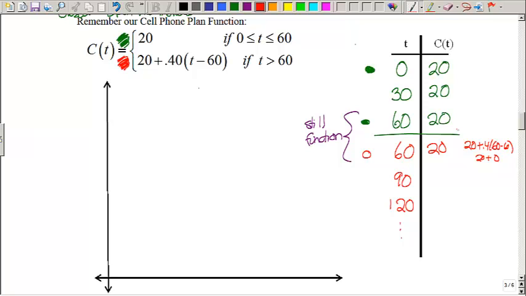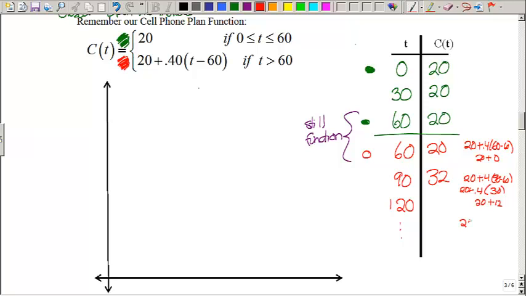What if t is 90? We have 20 plus 0.4 times 90 minus 60. So that's an additional 30 minutes, or 20 plus 12, which is getting me a $32 fee.